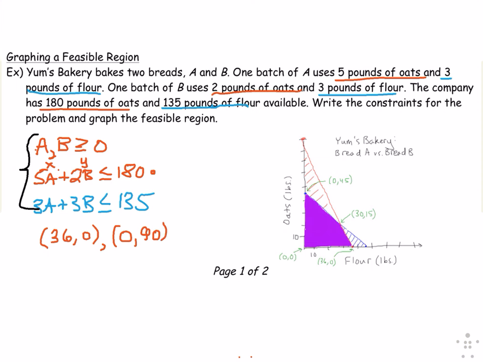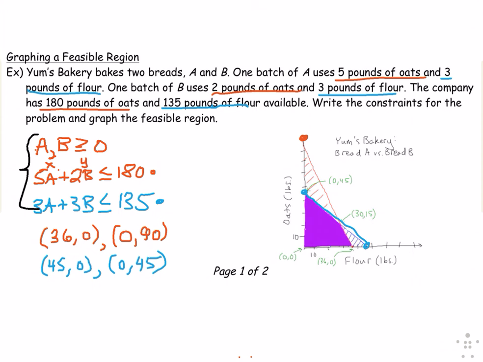Repeating that process for the second inequality, we find the x and y-intercepts, (45, 0) and (0, 45) respectively. So we plot those points. So with the red inequality, we plot the y-intercept here, the x-intercept here, we connect the dots. So that keeps us in the first quadrant. And then for the other constraint, we plot its y and x intercepts, connect the dots.